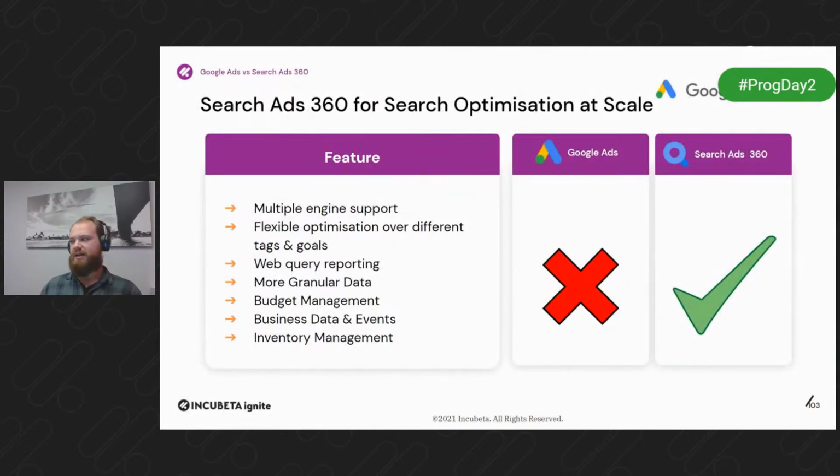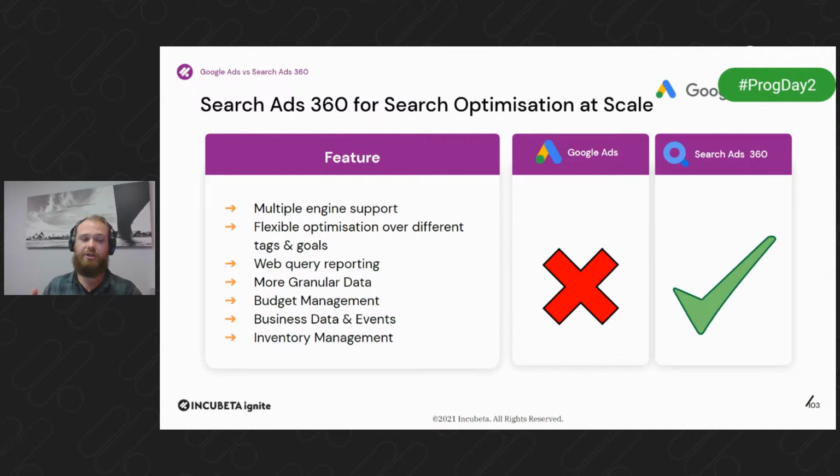So just a neat little slide on the differences between Google Ads and SA360. SA360 is able to support multiple engines, which means that we're able to include multiple search engines, including Microsoft Ads, formerly known as Bing, for example. So multiple engine support, and flexible optimizations based on different tags and goals that we can set up.